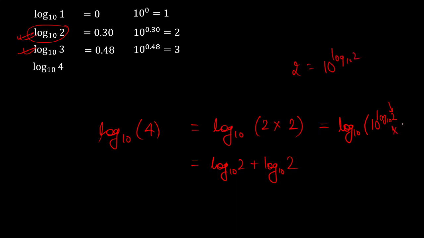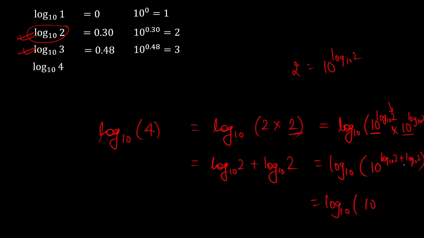Then another 2, which we can also write as 10 to the power log 10 2. What happens now? We have 10 to the power something multiplied by 10 to the power something. I'm not going to prove this; it is the very famous law of exponents, and if I go into it, this lecture will become more philosophical. So we get 10 to the power log 10 2 plus log 10 2, and this becomes log 10 to the power 2 times log 10 2.